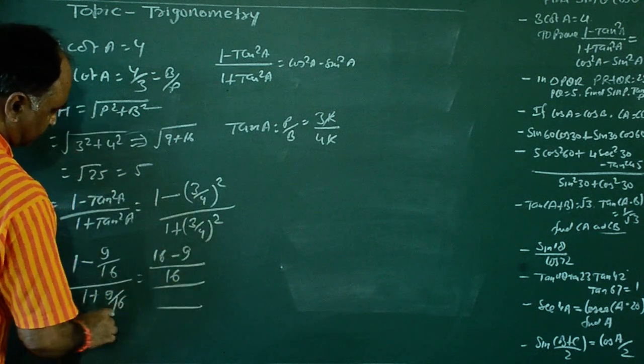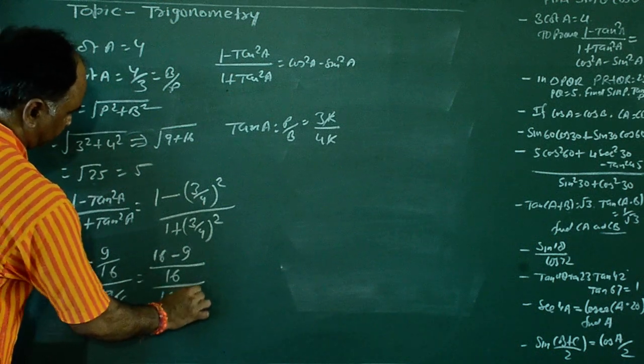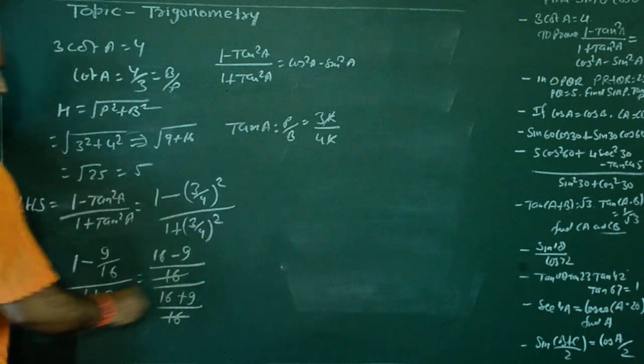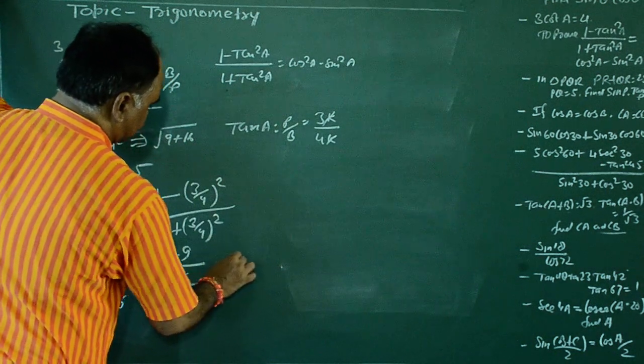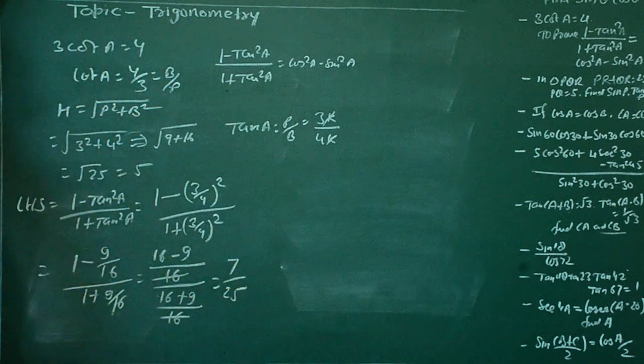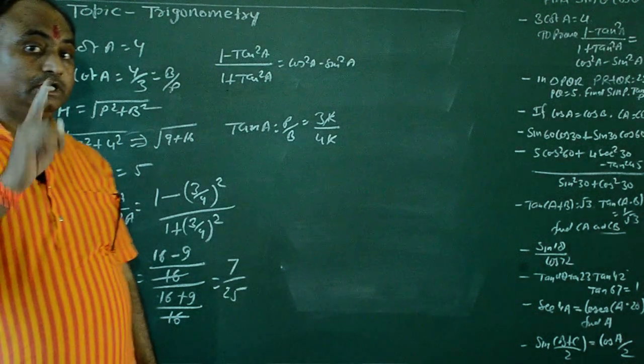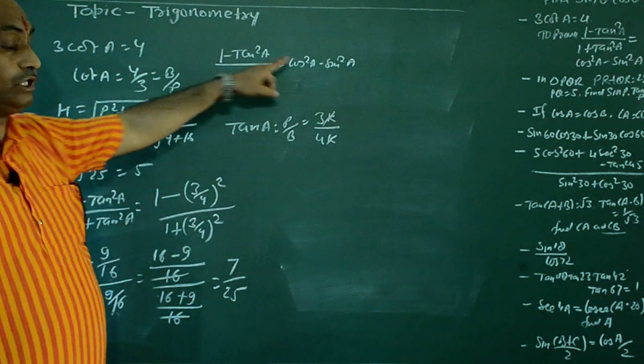Again taking LCM of the number 16, and then you have got here 16 plus 9. Cancel it, and then 16 minus 9, that is 7, 16 plus 9, that is 25. So you have got here LHS 7 upon 25, but you have to prove it LHS equal to RHS.